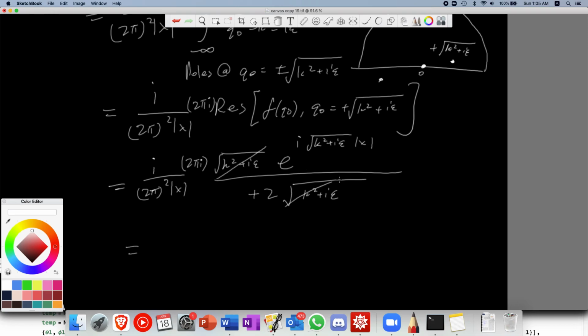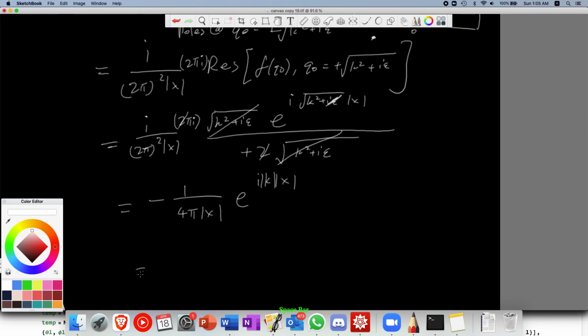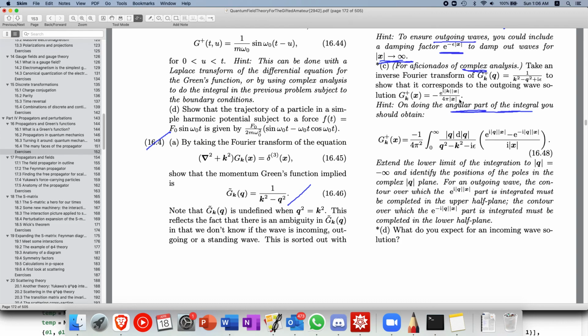So we cancel this, then 2 cancels, pi cancels with one of the others. Okay, I shall write it clearly. So we have minus 1 over 4 pi x e to the power of, this I epsilon term is really small, so we have I kx, and so our answer is e to the power of I kx over 4 pi x, and that is in fact the correct answer.